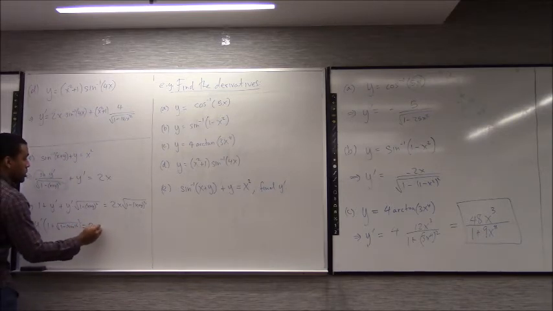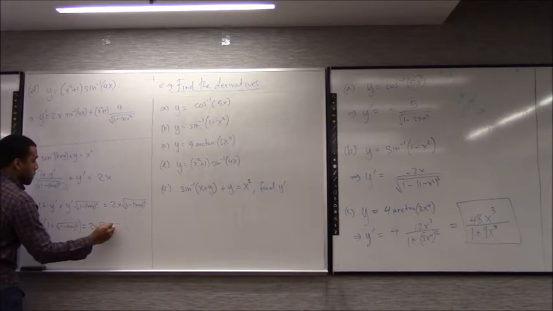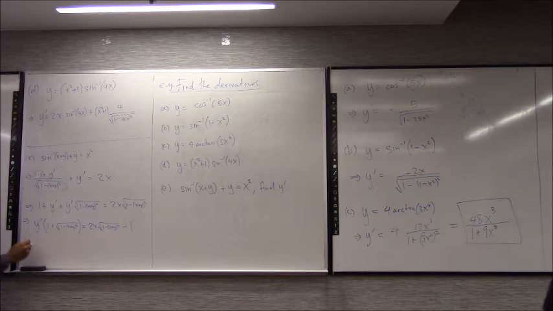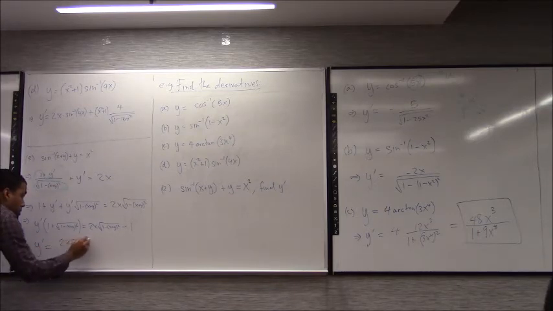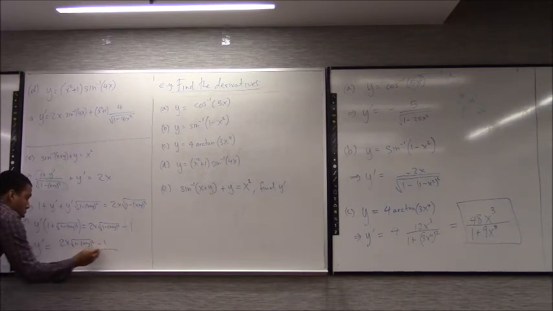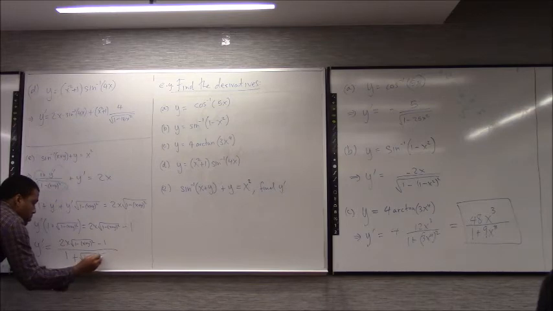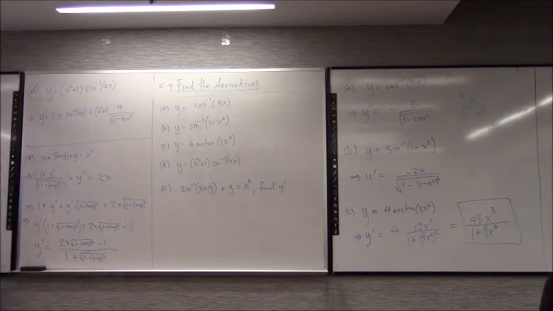And here we'd have 2x times this minus 1. And so our y prime would end up being 2x times the radical of 1 minus x plus y squared, minus 1, all over the factor. And that would be our derivative.